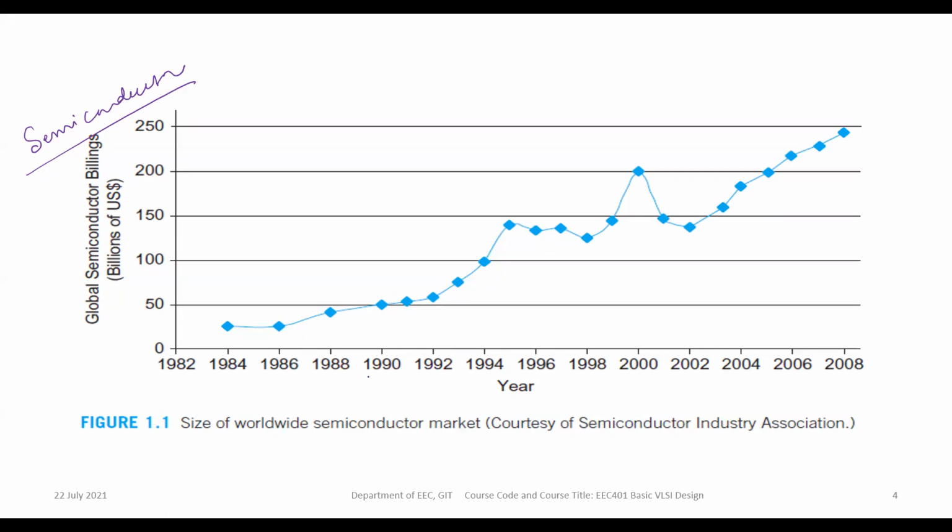Compared to any other engineering fields, this much growth cannot be observed in any other industry. The semiconductor industry is popular and profitable compared to other industries, and that is what this graph is saying. It is always increasing, and from 2008 onwards this value increases more and more.